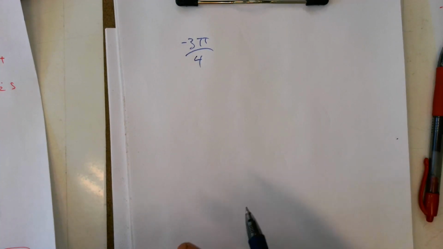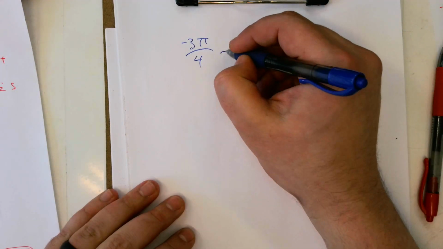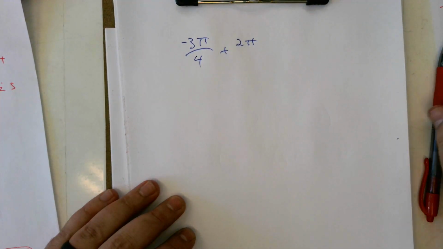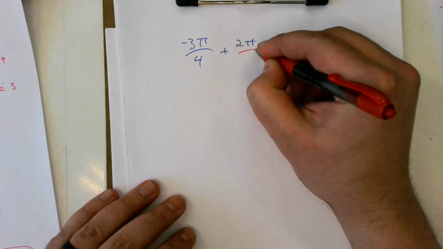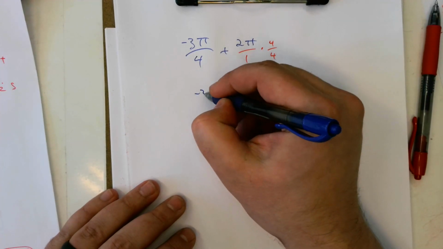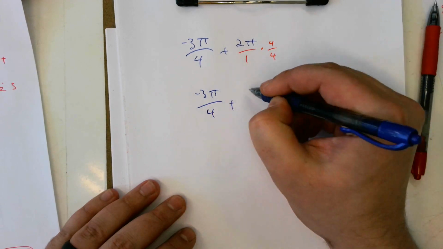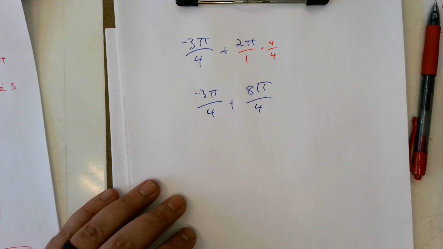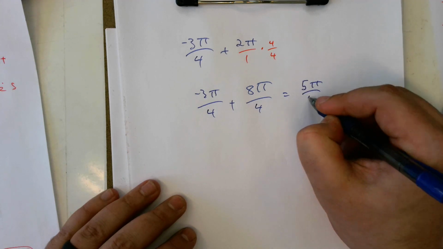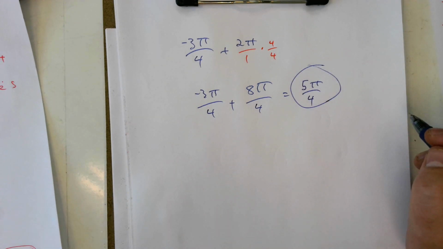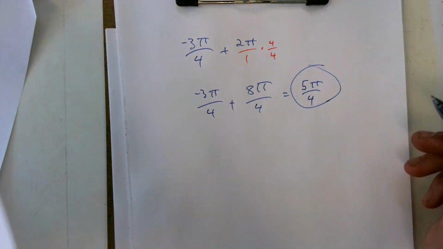So now instead of subtracting 2 pi, I am going to add 2 pi. My denominator here is 4, so I'm going to multiply by 4 over 4. Negative 3 pi over 4 plus 8 pi over 4. Negative 3 plus 8 is positive 5 pi over 4. Again, that's the angle that I'm looking for. 5 pi over 4.